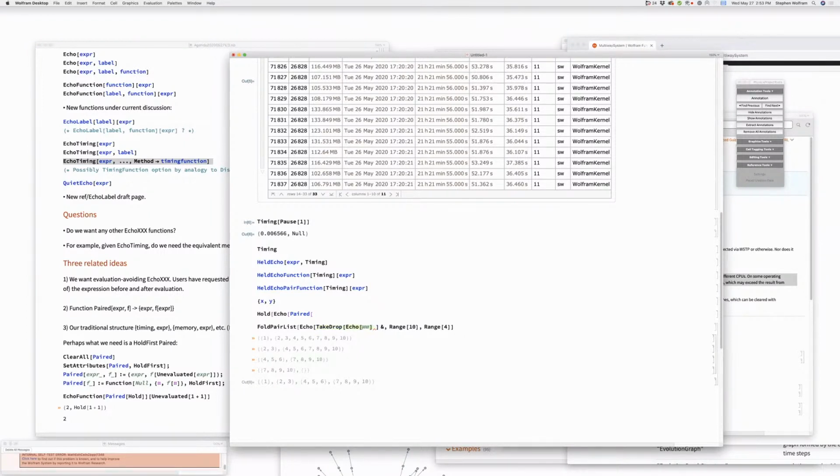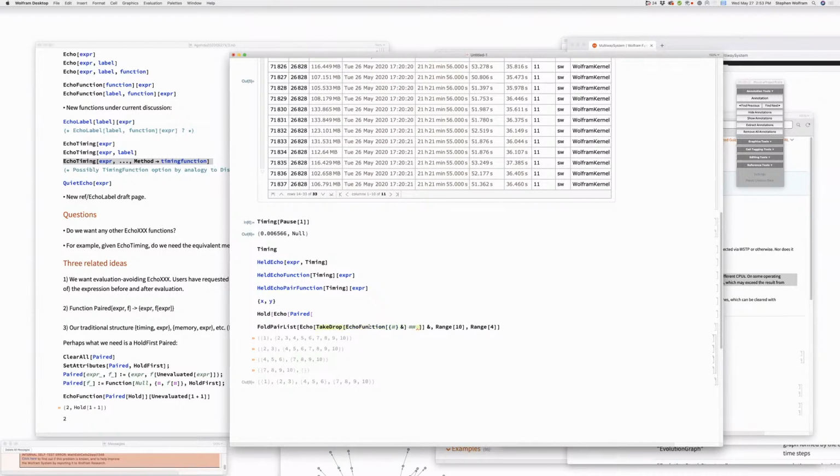No, we don't have an echo sequence. Wow, that's an interesting problem. So that would be an echo function of this. And now the syntax colorer fails. I don't think it's going to work with a sequence.